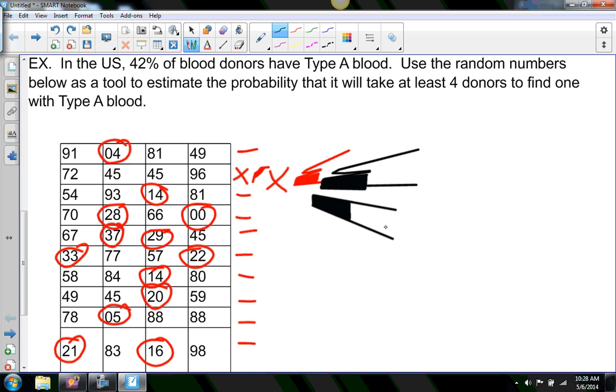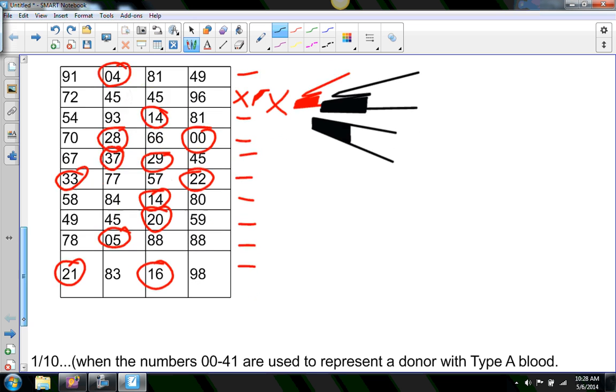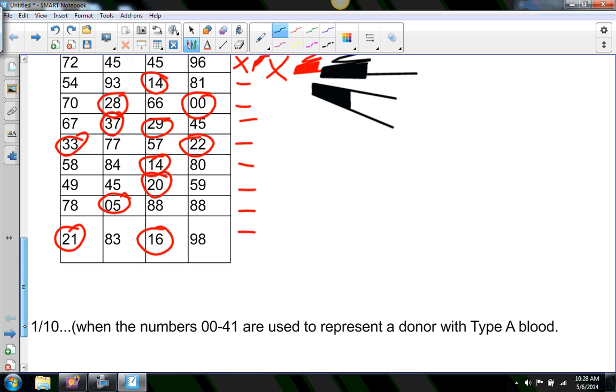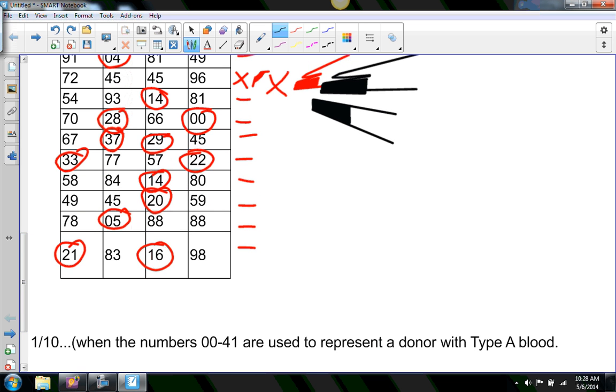Well, it's not going to let me write 1 in 10, so we'll just pretend that I did. So right here, I have a 1 in 10 chance when the numbers 0 to 41 are used to represent a donor with type A blood. A 1 in 10 shot that it's going to take at least 4. You can see there that usually it was before that. It didn't even take 4.